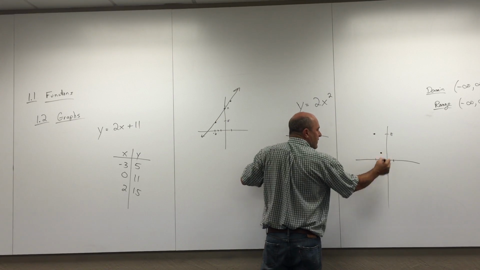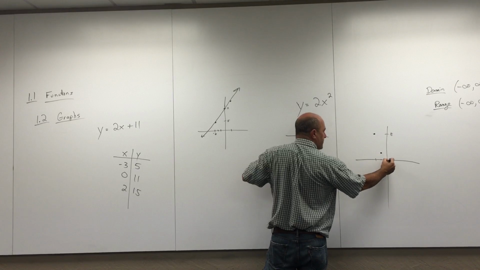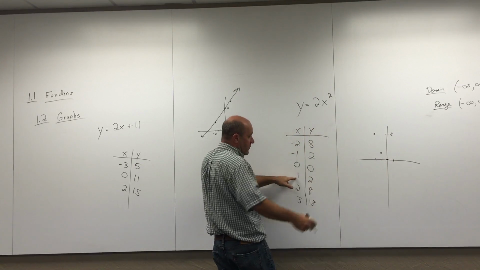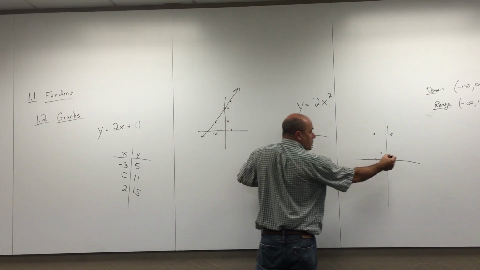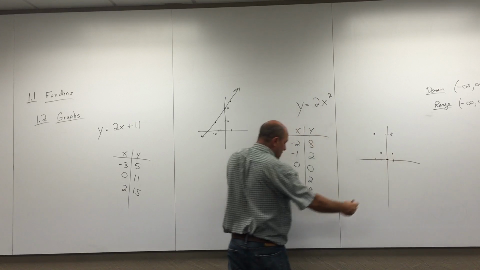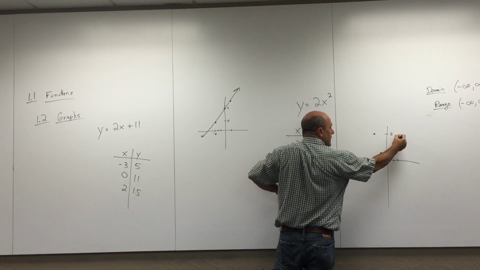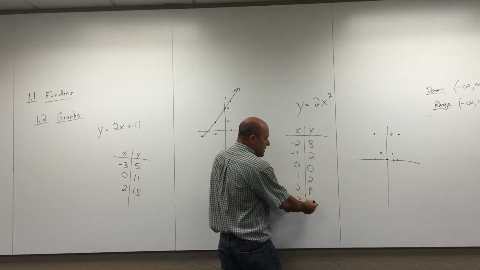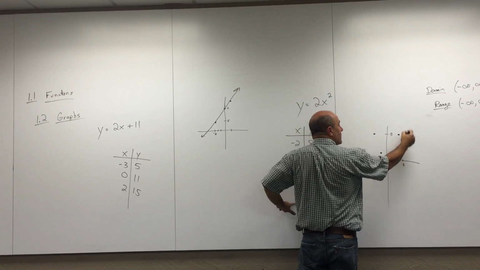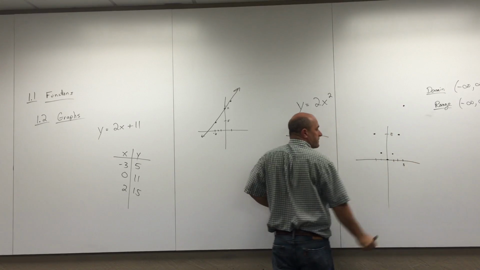That looks about right to me. 0, 0. Then on the other side, when x is 1, y is 2. When x is 2, y is 8. And when x is 3, y is 18, way up here all of a sudden.